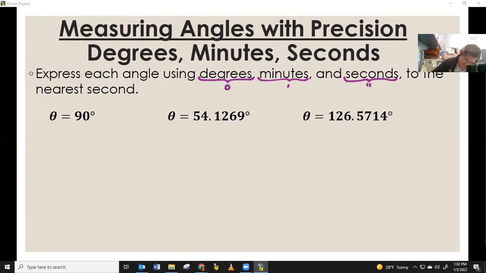When we're converting between these, 1 degree is equal to 60 minutes.